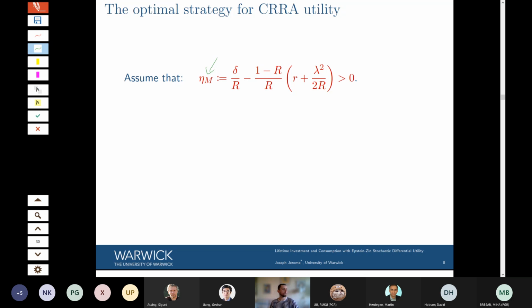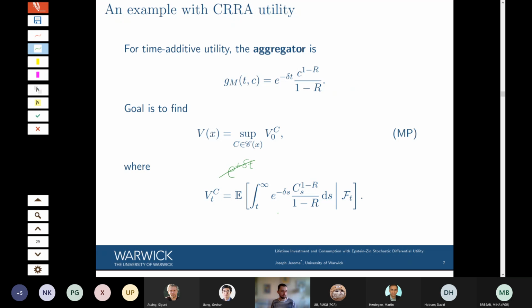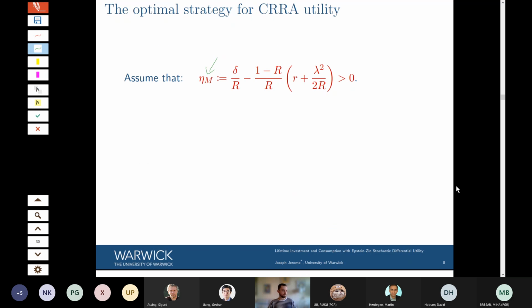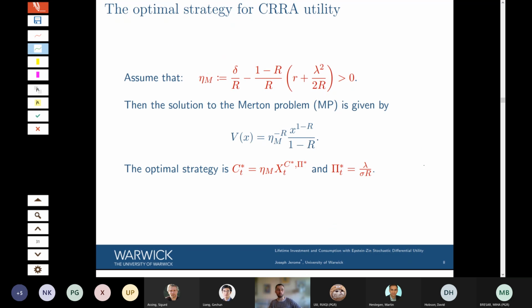What you can see here is that because r is positive, delta needs to be big enough such that the integral is well defined. We need to discount enough so that the integral converges.